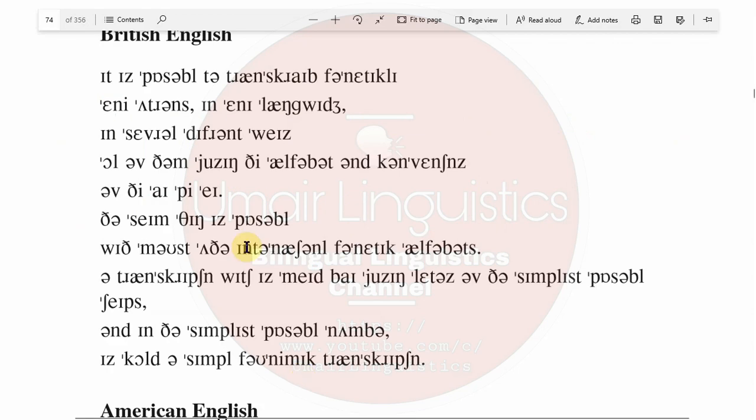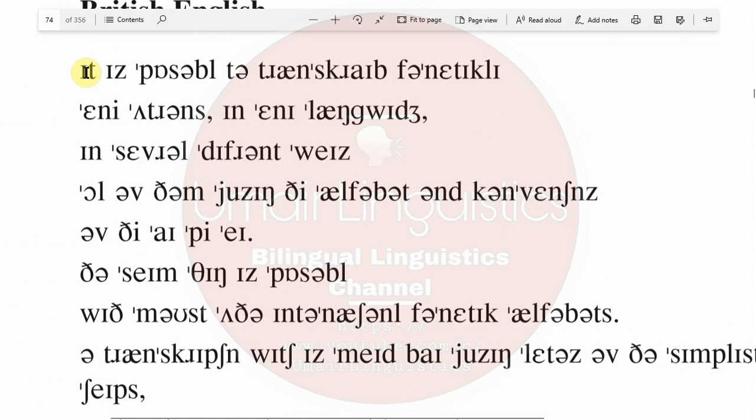So if we read this transcription, it is possible to transcribe phonetically any utterance in any language in several different ways, all of them using the alphabet and conventions of the IPA.